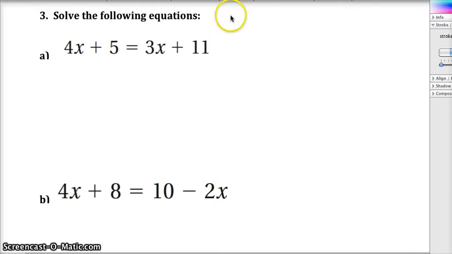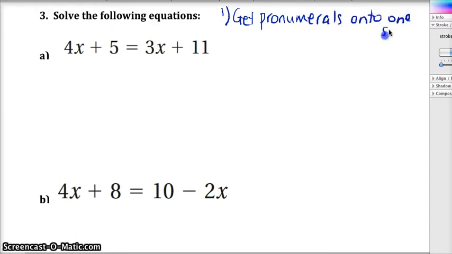Now when solving these sorts of equations, the first step is to always get the pronumerals onto one side. Always. That's pretty much how you start. So why don't we do that now?